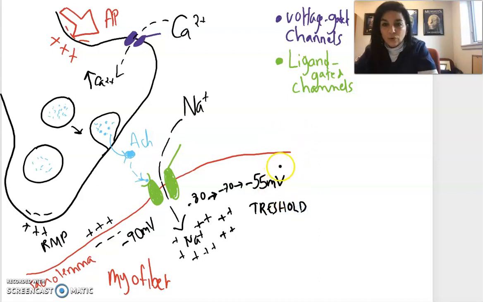This is the threshold that is basically going to be enough depolarization for downstream players over here to come into the picture now. So when the depolarization reaches negative 55, you have downstream channels that are voltage sensitive that are going to come into the picture.